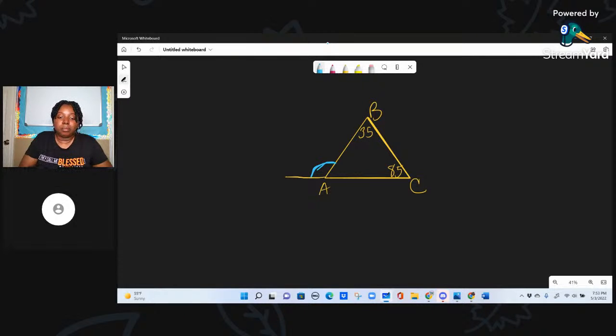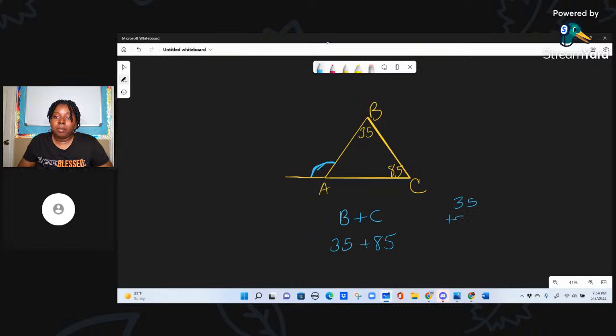B and C. Good. And so what are we going to do with B and C? Add. Yeah. We're going to add them together, and that's going to give me your exterior angle. So we have 35 plus 85. I'll write it horizontally.